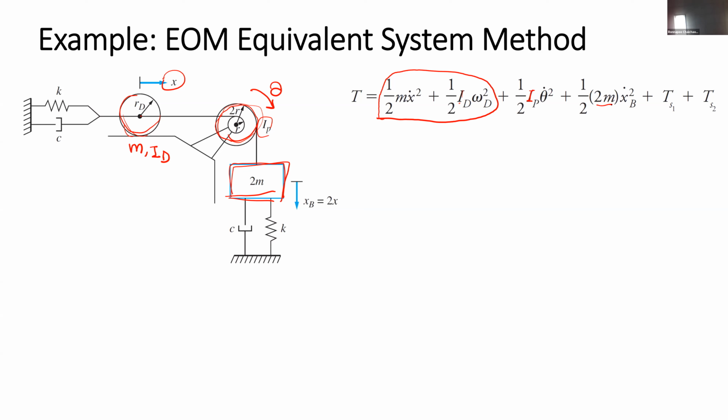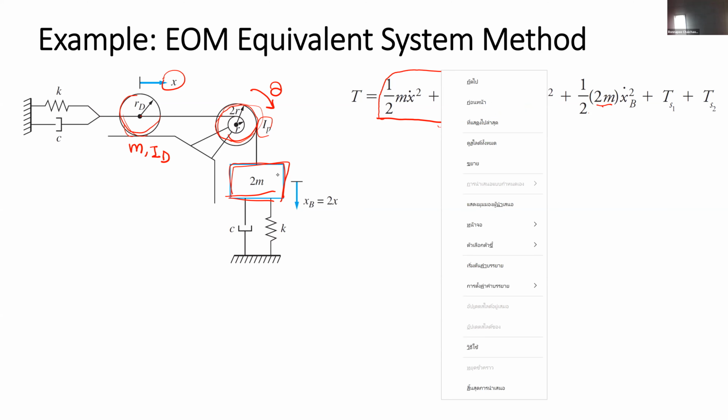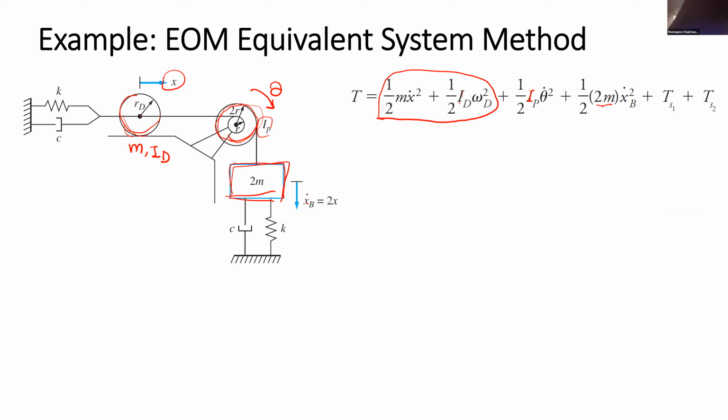And the third component is the mass 2m. The kinetic energy is 1/2 multiplied by mass multiplied by the velocity squared. The velocity is described by the xb of this mass, and this xb is related to the x by r and 2r, which is the geometric constraint. And the kinetic energy also needs to be considered for the spring.